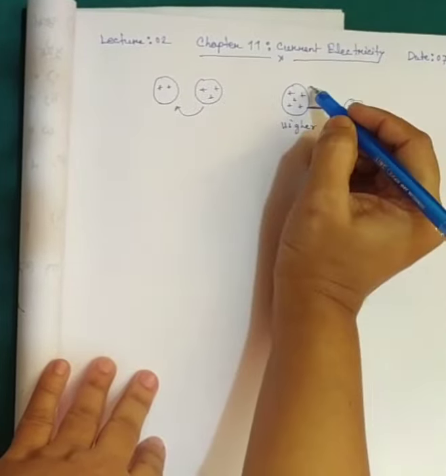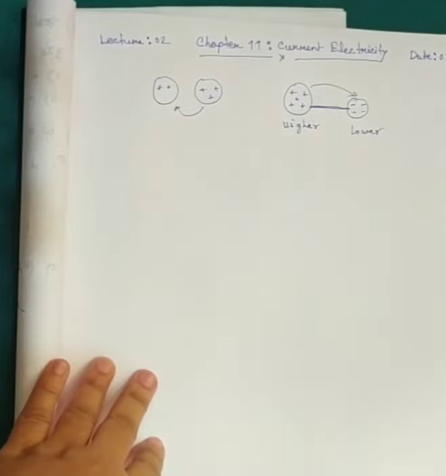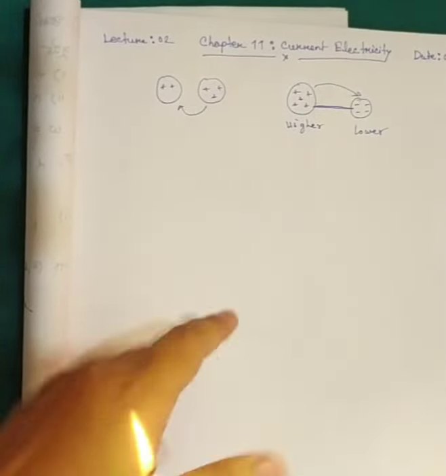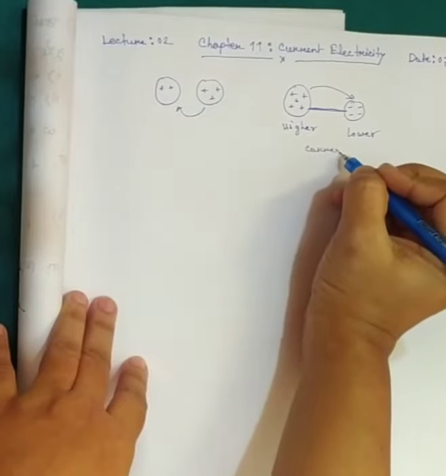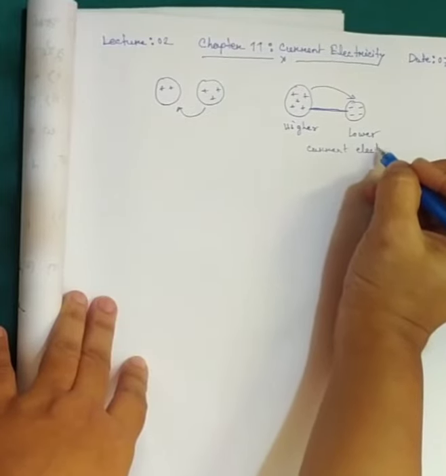That means a movement of charges is involved here, and that's why this is called current electricity, or simply electricity.